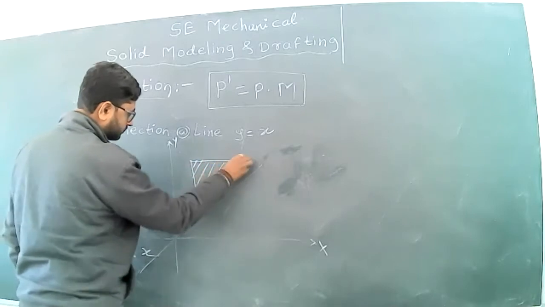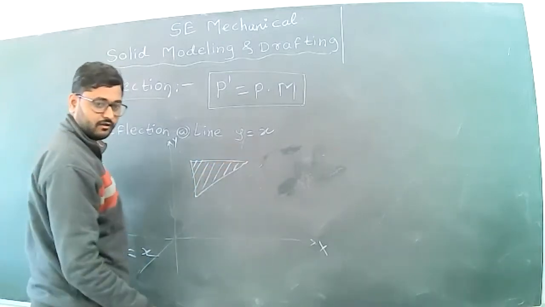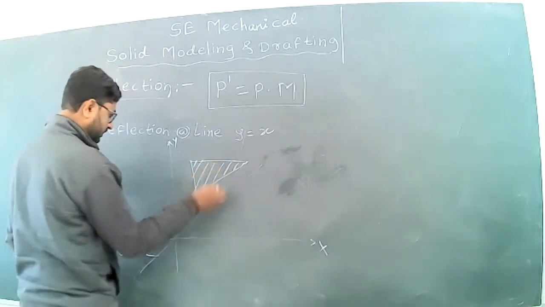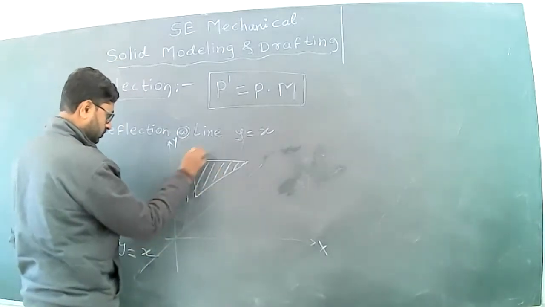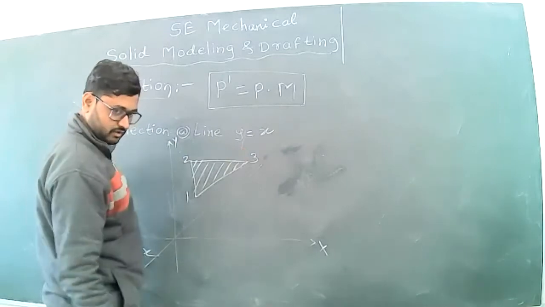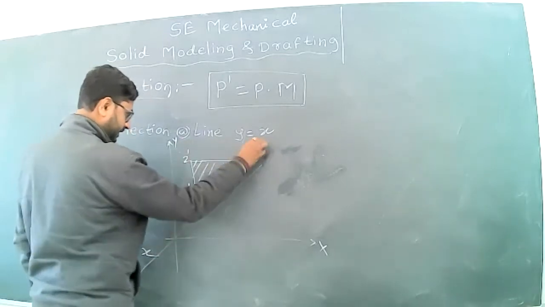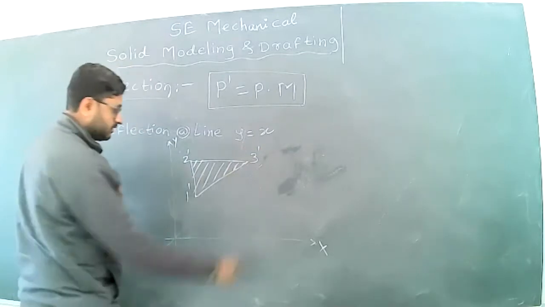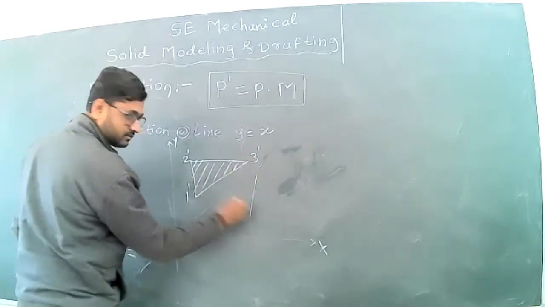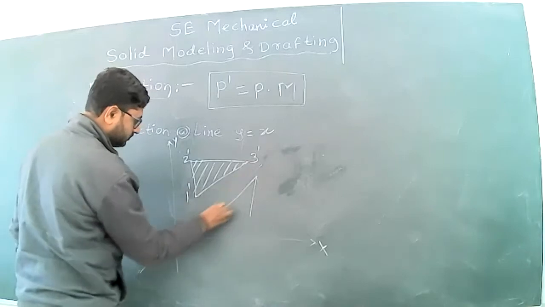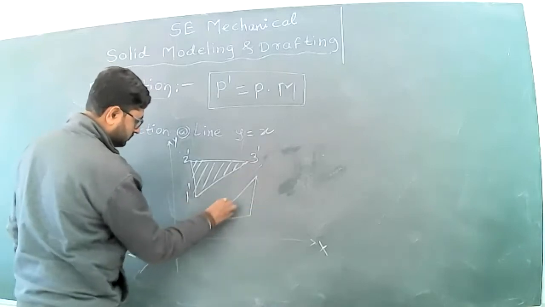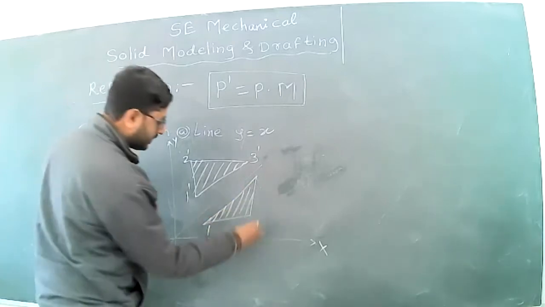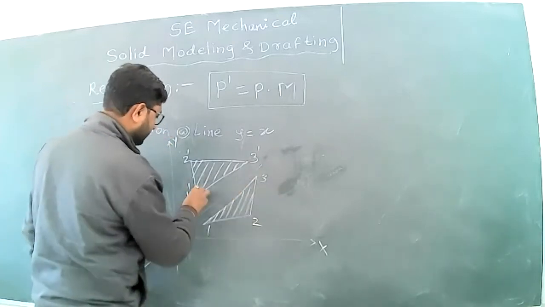This is our original triangle having coordinates 1, 2, 3. This one is our reflected triangle and this is the original triangle. This original triangle is 1, 2, 3.